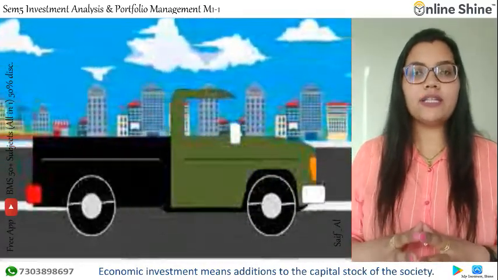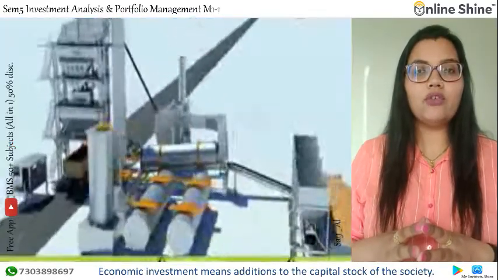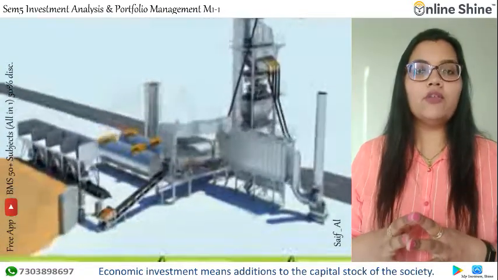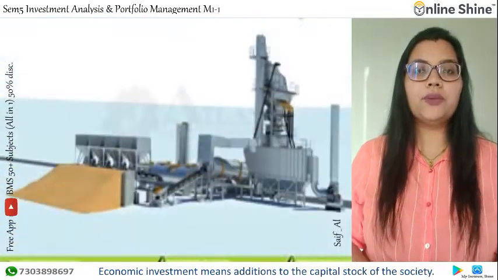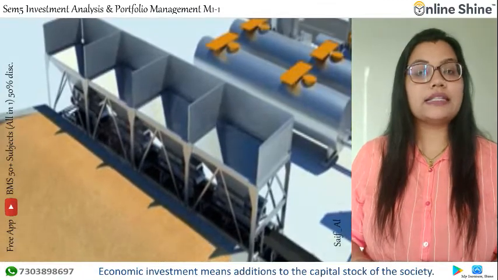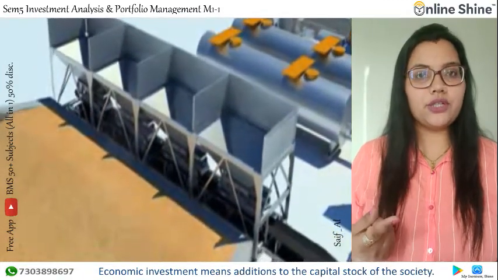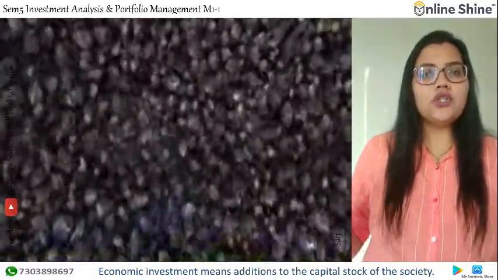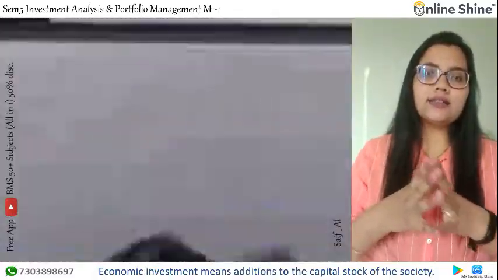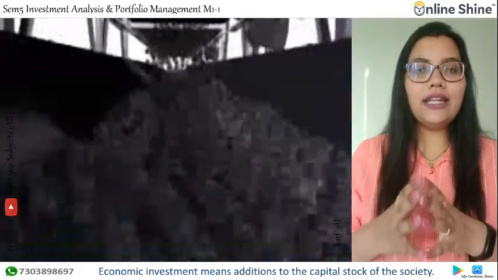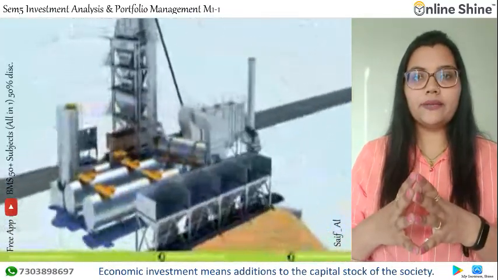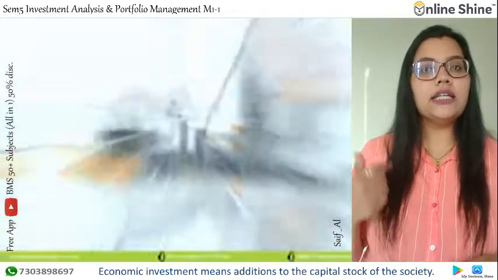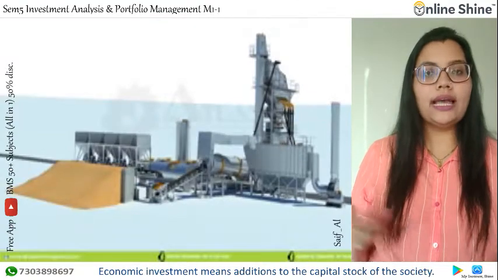The term investment implies the formation of new and productive capital in the form of new construction and producer durable instruments such as plant and machinery, inventories, and human capital are also included in this concept. Thus, an investment in economic terms means an increase in building, equipment, coal, etc.